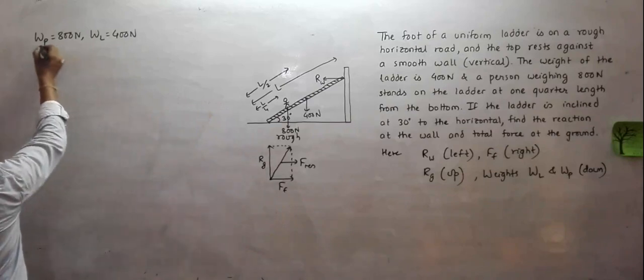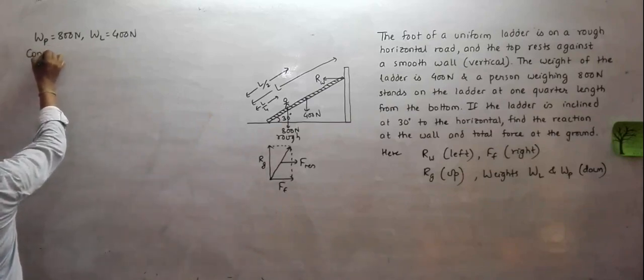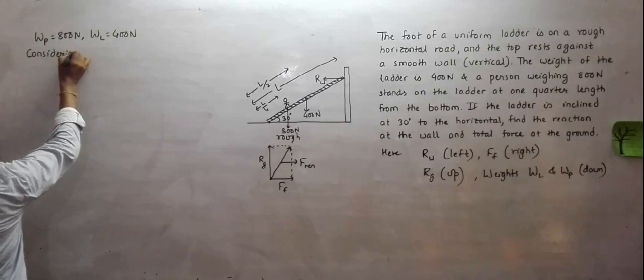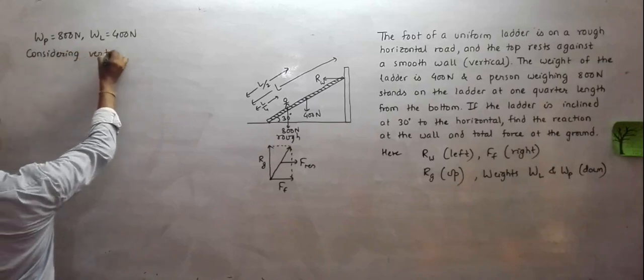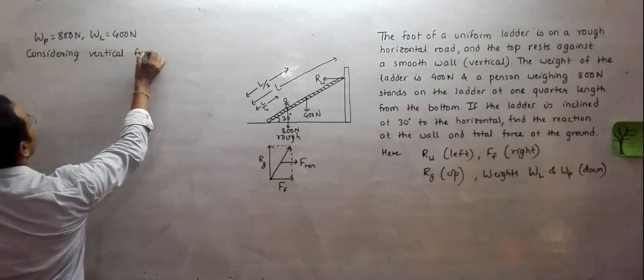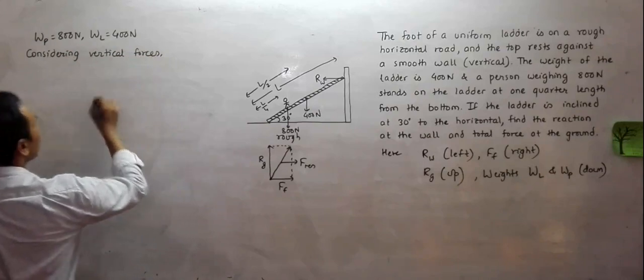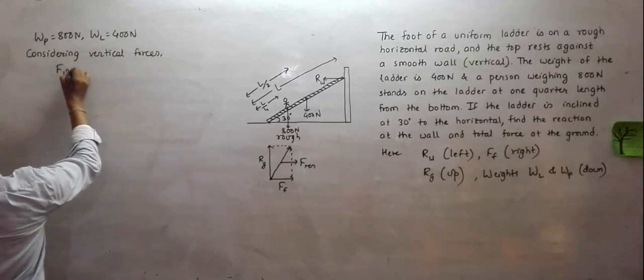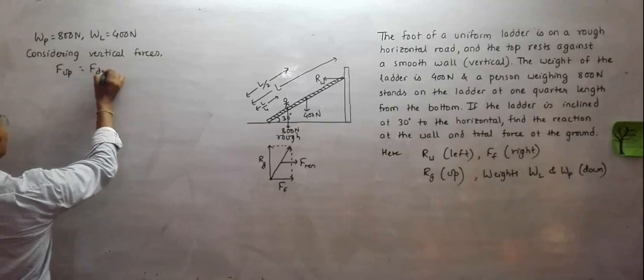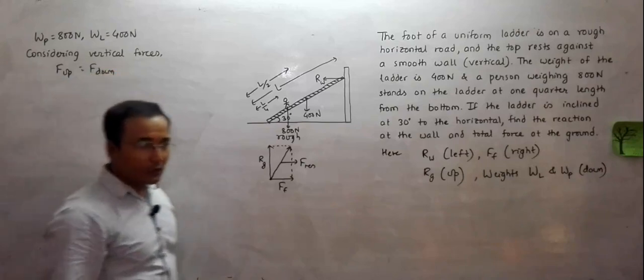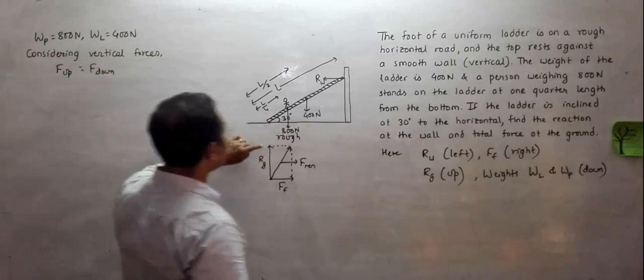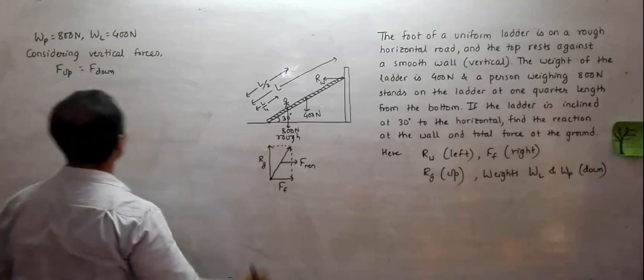So considering vertical forces, F up should be equal to F down, and the upward force here is only RG.